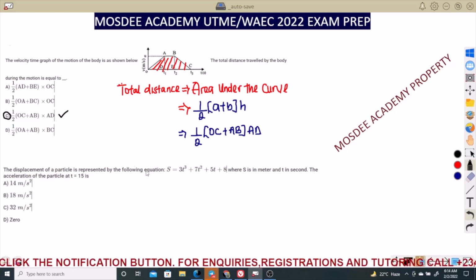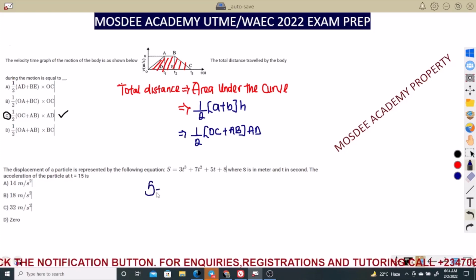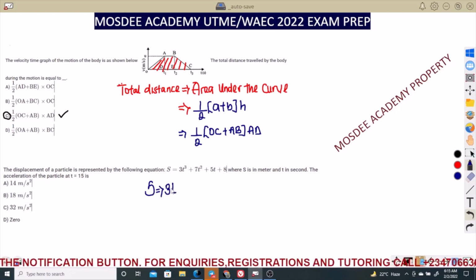Now, this is more like what we call instantaneous acceleration. To solve this type of question, you are going to use your knowledge of differentiation. Like I said, I have videos topic-wise. If you have time to study them, you can watch those videos. But directly, acceleration is taken as the rate of change of what? Velocity with time. Keep that at the back of your mind.